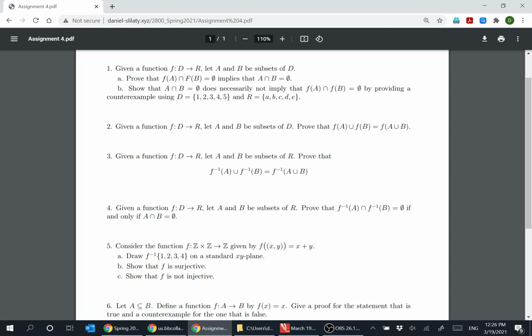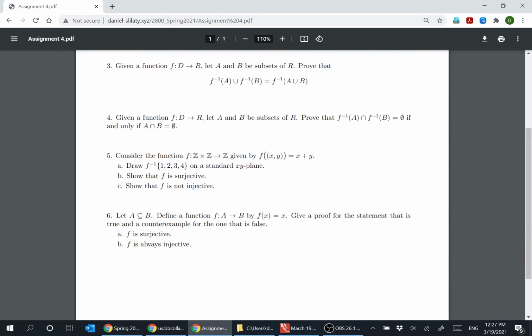So in 1B, you need this counterexample. Show that A intersection B being empty does not necessarily imply that image A intersect image B is empty, by giving an example. So that's a counterexample to the universal statement.